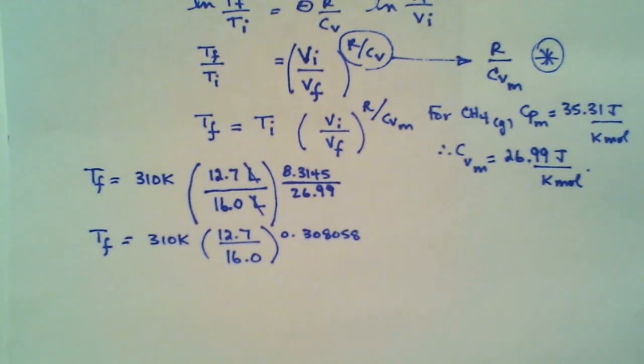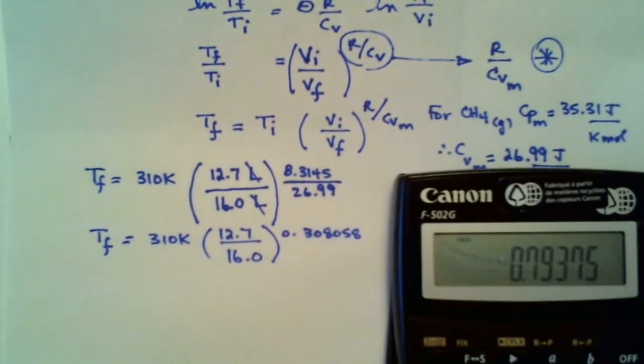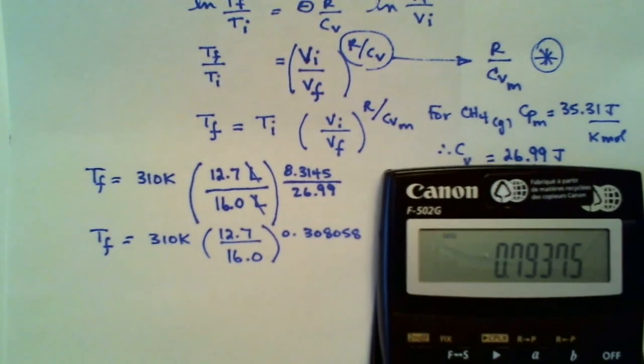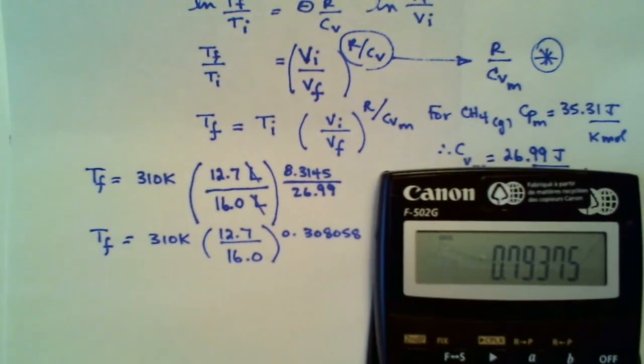So 12.7 now divided by 16 equals, and then that's the volume ratio. Make sure you know how to raise a number to an exponent using the calculator that you're going to use in a test situation, so you're not trying to figure that out during a test when you're alone.